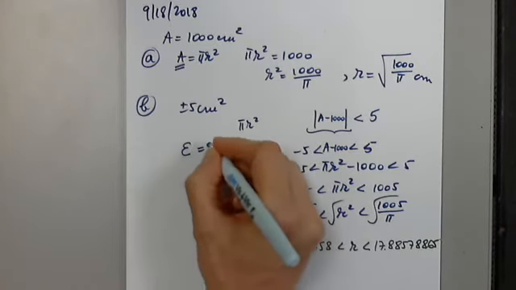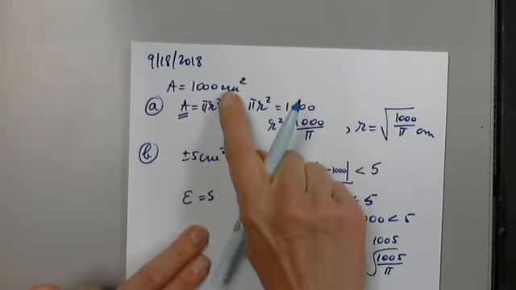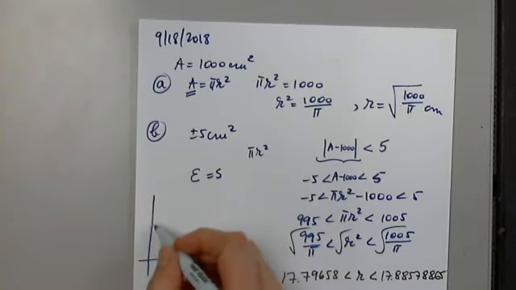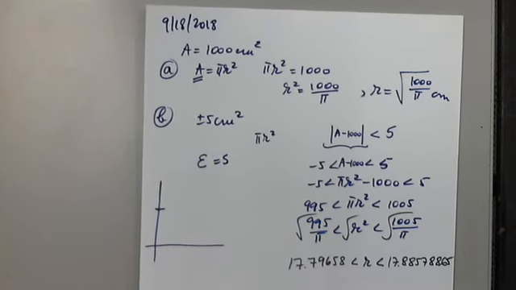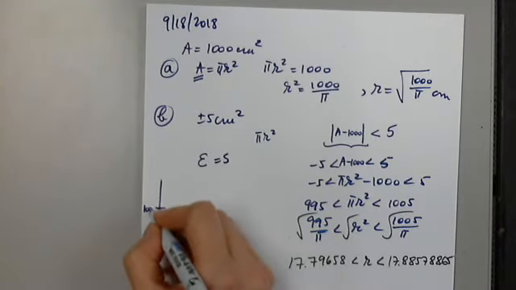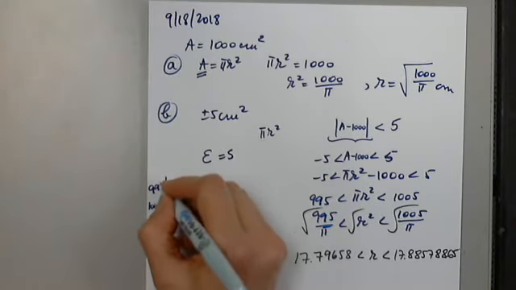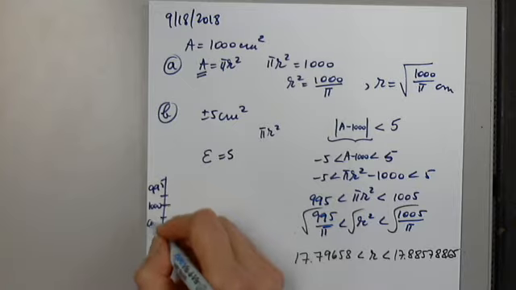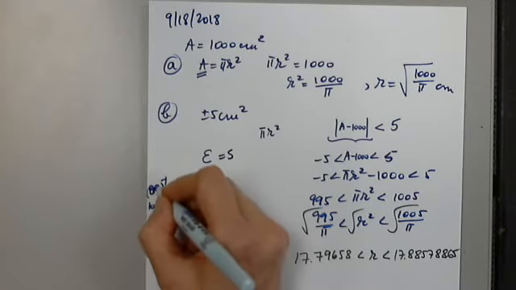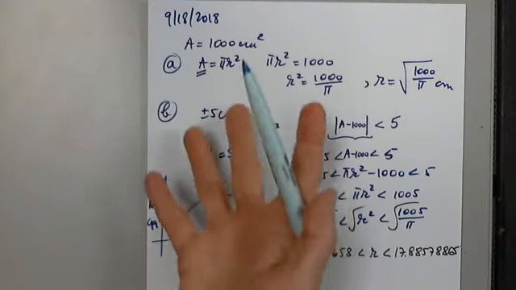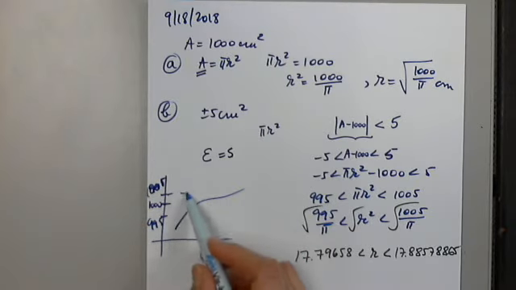Epsilon was 5, a tolerance of plus or minus 5 from 1,000. If you remember from our graph for the epsilon delta definition, this is the 1,000, and this is plus or minus 5. So obviously this is 1005 and this is 995. Whatever the function is, it's pi r squared, it's quadratic, it doesn't matter.